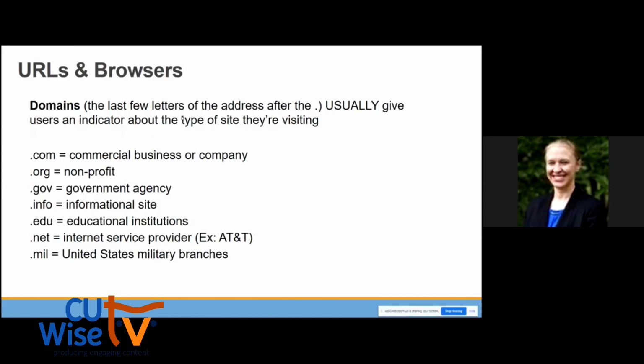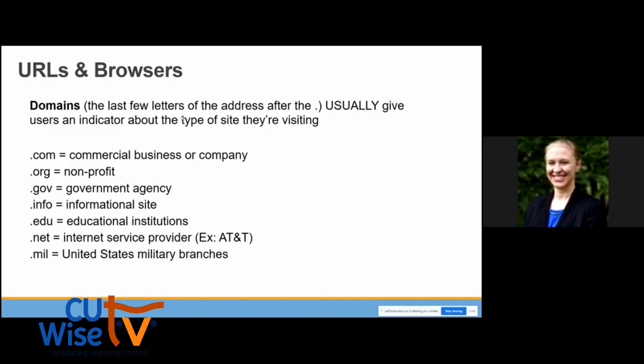But in general, if you see .com, it's usually a commercial business or company. .org is usually a nonprofit. .gov is usually a government agency. .info just means informational site. .edu would be an educational institution, so illinois.edu is the University of Illinois. .net is usually an internet service provider, like for those of you that have email addresses at att.net.